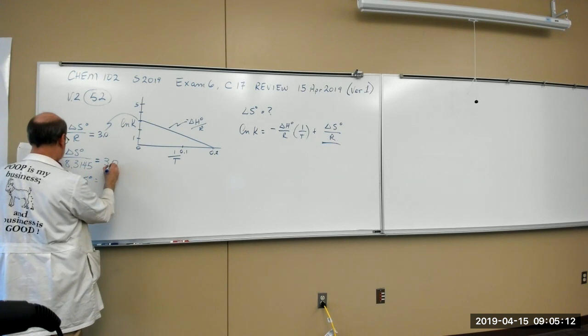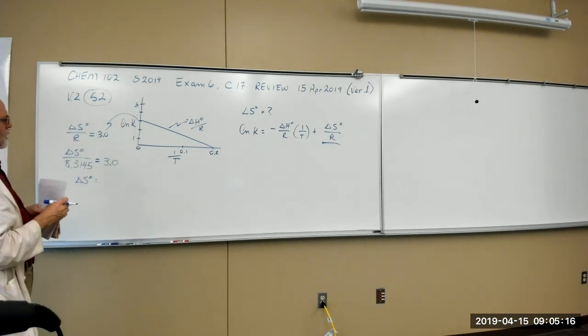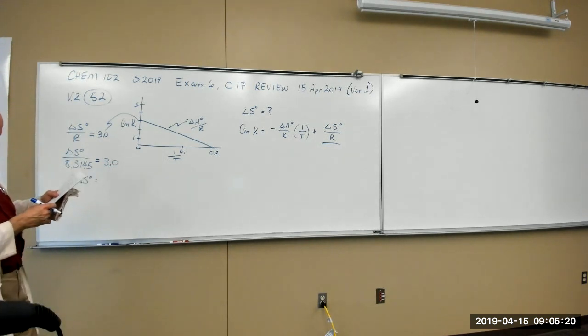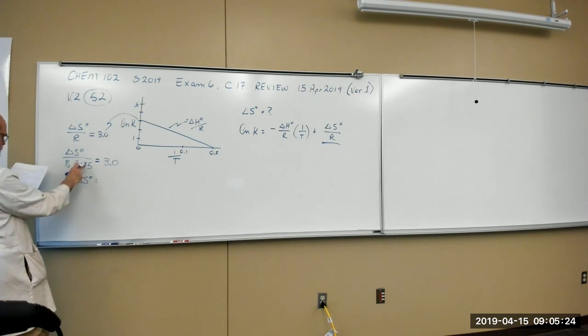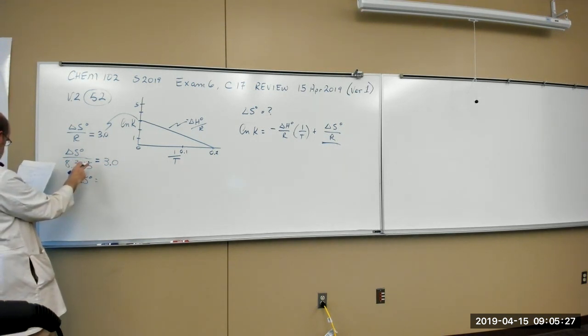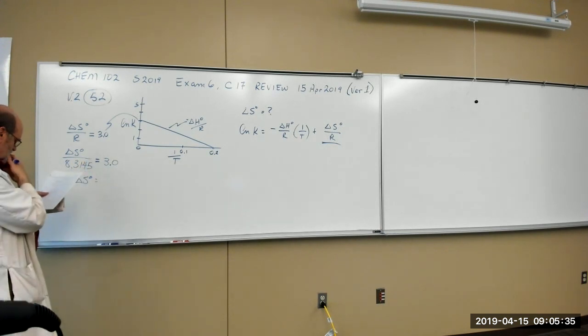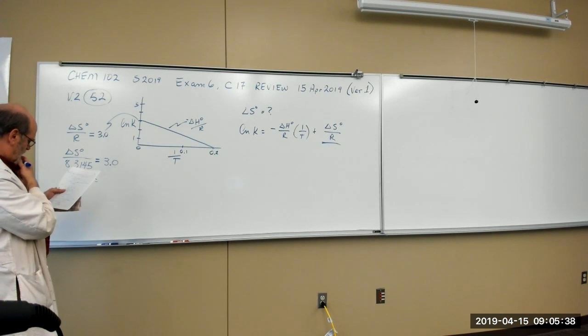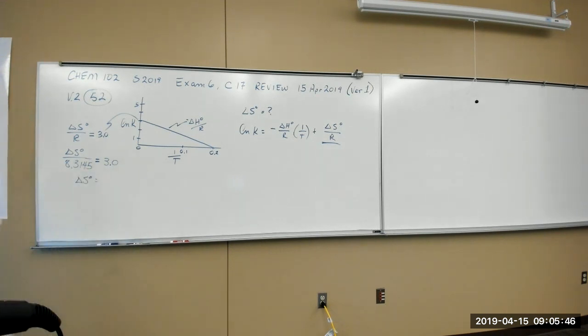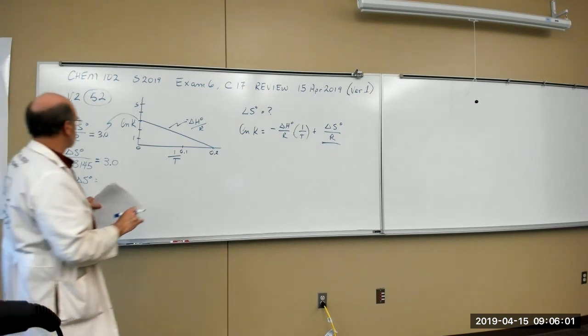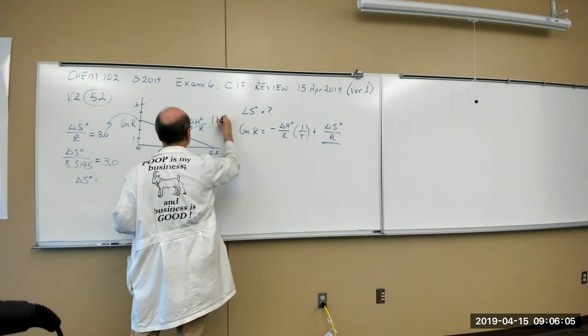Eight into 3. Okay, delta S, delta S for the reaction in joules per mole K. So the delta H is usually in kilojoules.